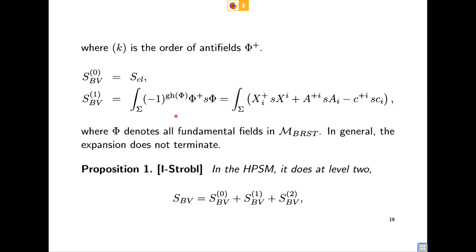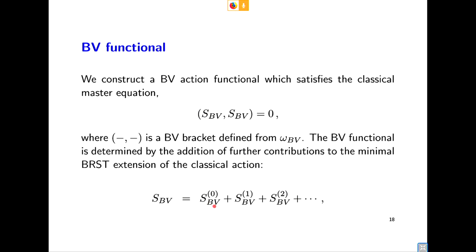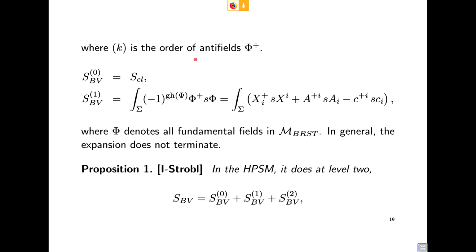In the usual BV formalism we expand in order of the anti-ghost number, but now we expand the BV action by order of antifield. This is like the AKSZ-type sigma model procedure.